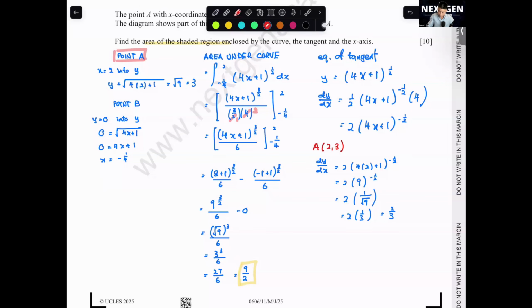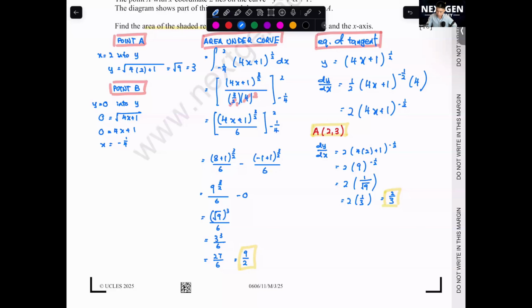We've got point A, point B, area under the curve. Now we're doing the equation of the tangent. Next step. We've got this point A. We've got m is 2 over 3. We're going to substitute into y minus y1 equals m times (x minus x1) to find the equation of the tangent.